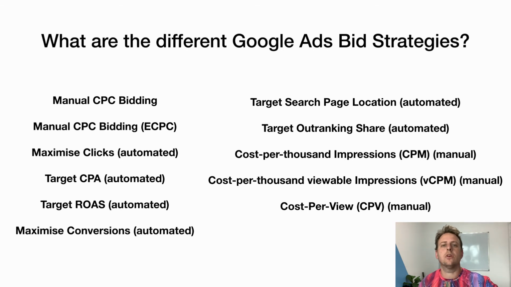So Google then takes what it knows about your conversion history, and to use these effectively, you must have a regular history of conversions within your account. So your conversion tracking needs to be turned on. It needs to be tracking conversions accurately, and you need to have been getting conversions for at least a few months regularly. So not a couple here, a couple there.